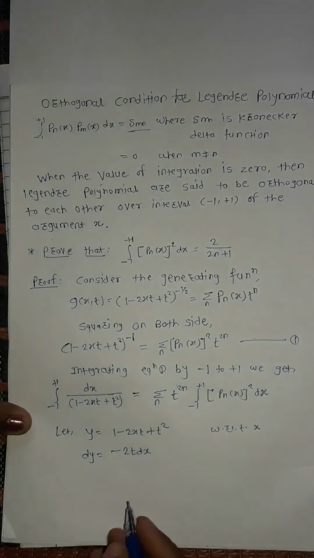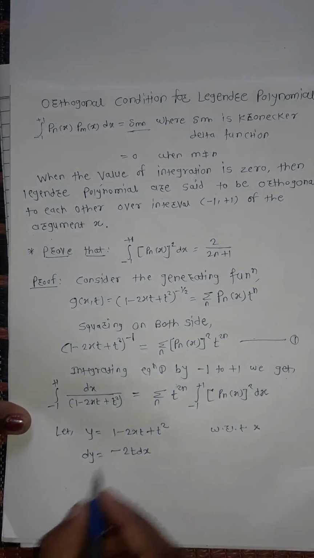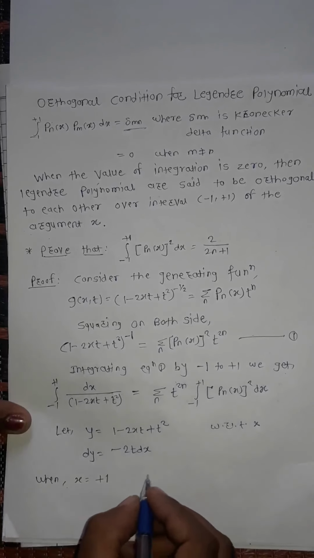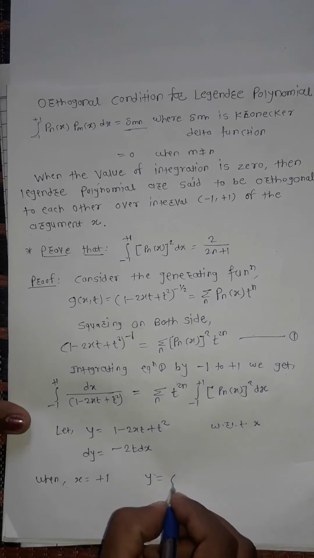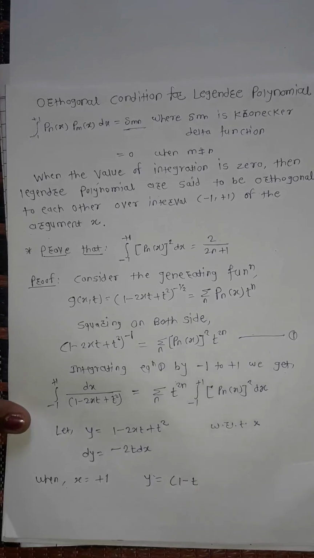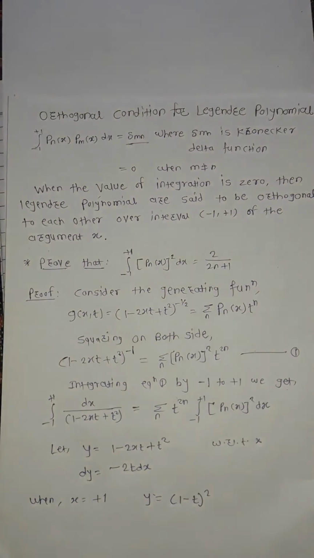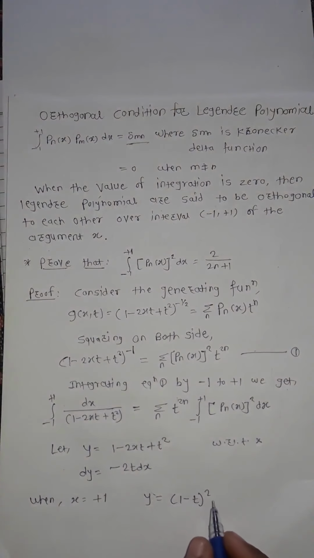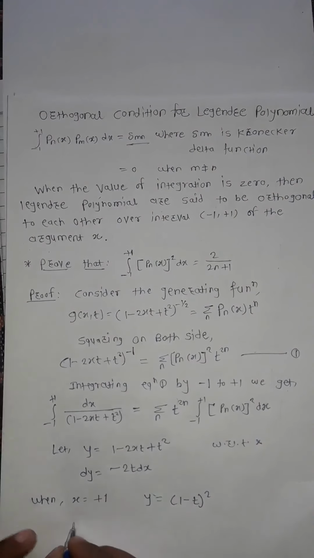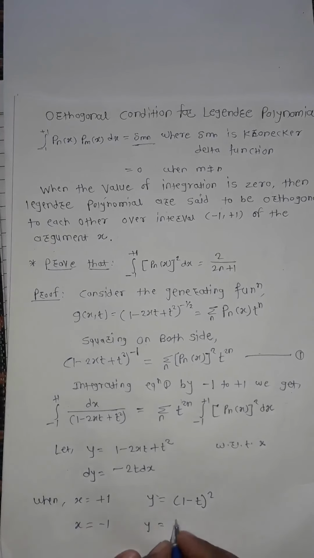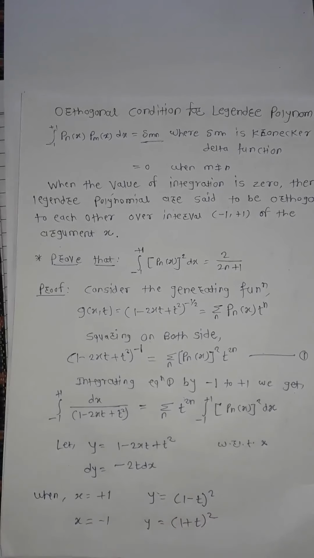Now from this equation, when we put x is equal to +1, then y is equal to 1 minus t bracket square, and when we put the value of x is equal to minus 1, then y is equal to 1 plus t bracket square.